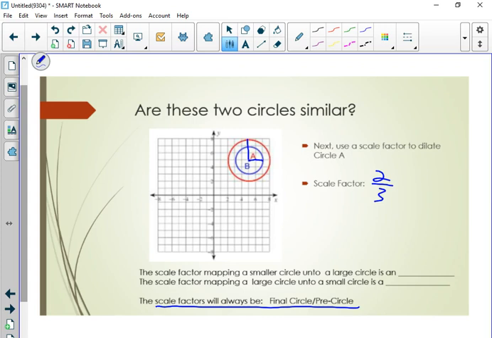So remember, scale factor mapping a smaller circle onto a large circle is an enlargement. And going from a large circle onto a small circle, which we just did, is a reduction.